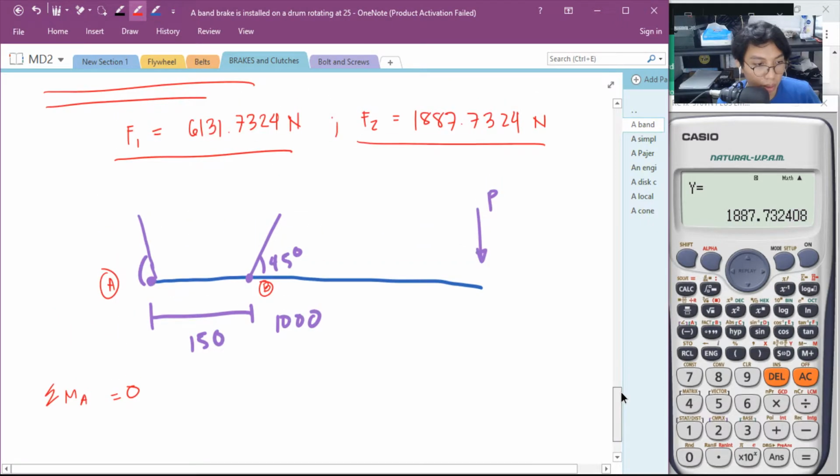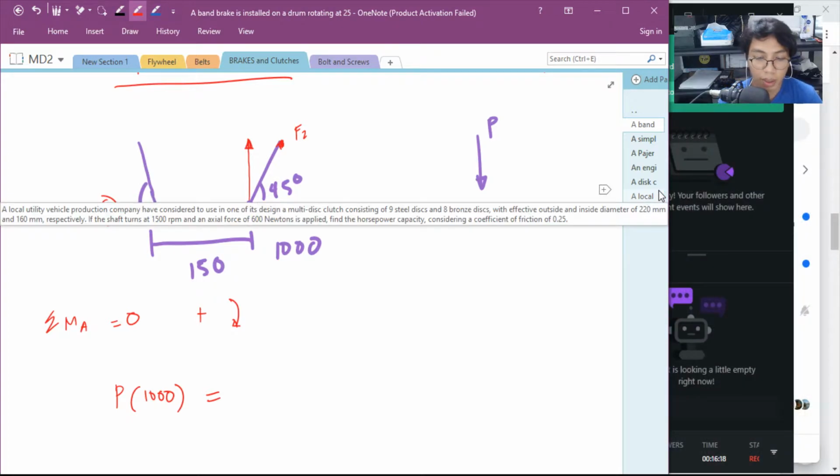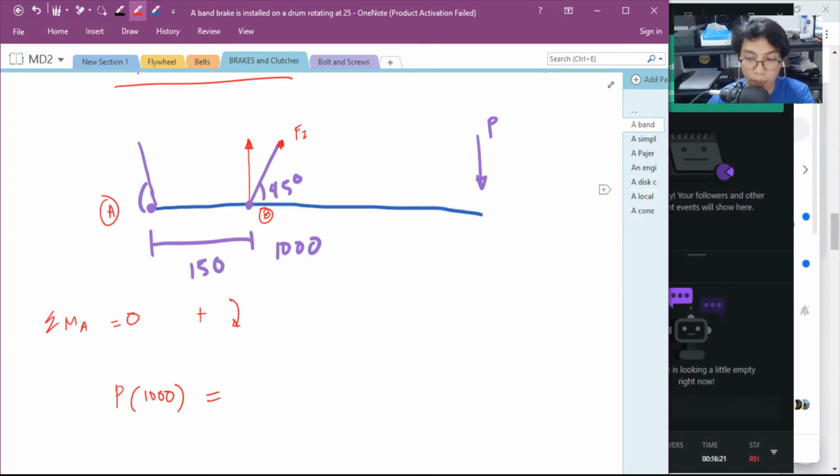Okay. Positive yung clockwise. Okay? Ngayon, positive to. So, P multiplied to 1,000 equal to, ito, saan ito papunta? Pataas o pababa? Siyempre, mas gusto ko, pa-kontra siya. Pataas mo na lang yan. Okay? So, force component nitong for F2 na to. Ano ba yung force component ng F2? Okay? The force component of F2, Y, that is sine.